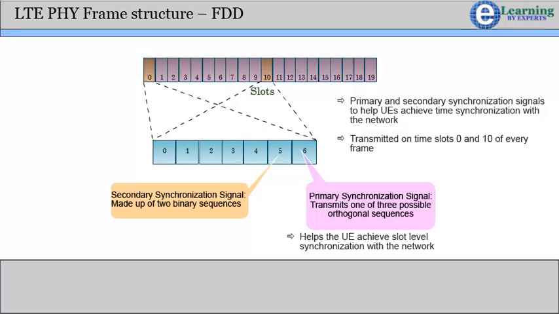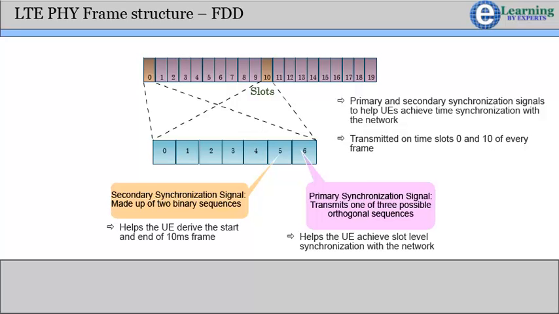The secondary synchronization signal is made up of two binary sequences. When the UE acquires these two sequences, it can reliably derive the start and end of the 10 millisecond frame, that is, the UE achieves frame synchronization with the help of secondary synchronization signals.